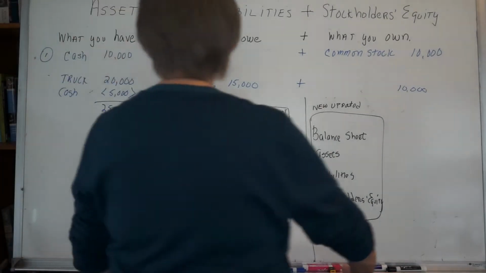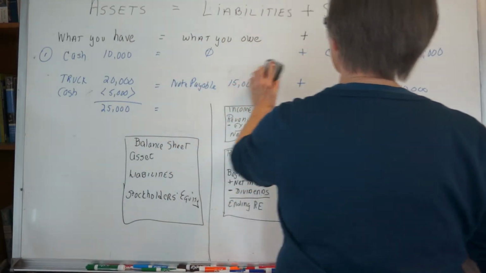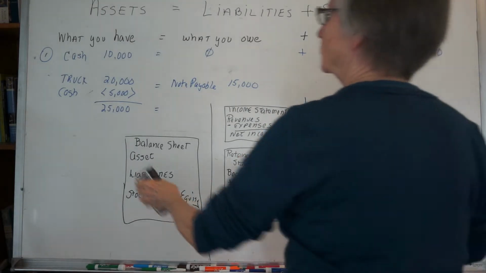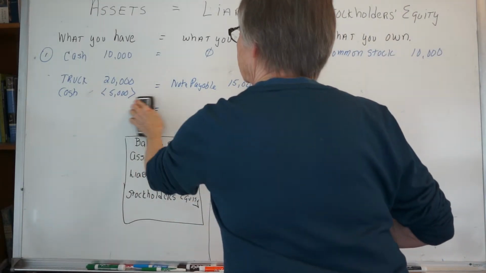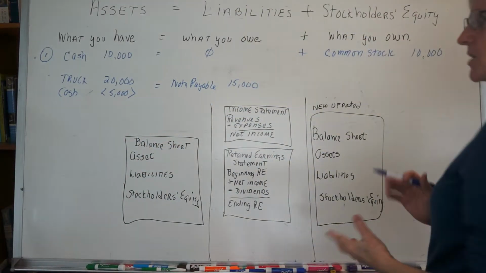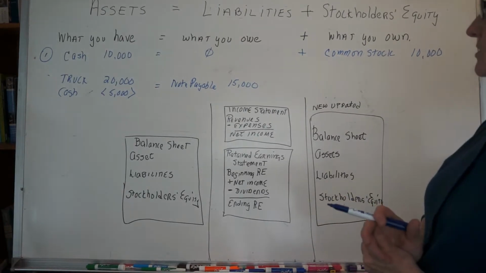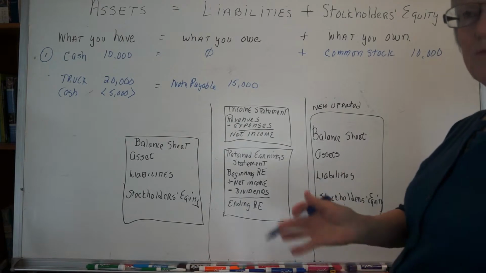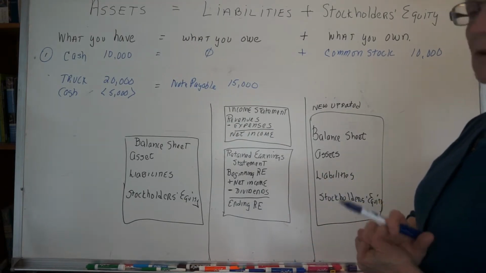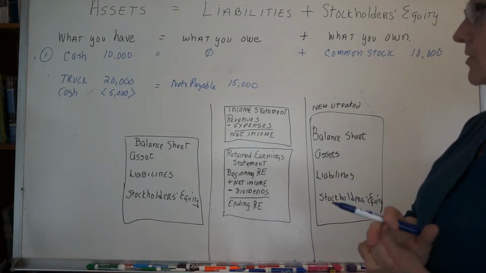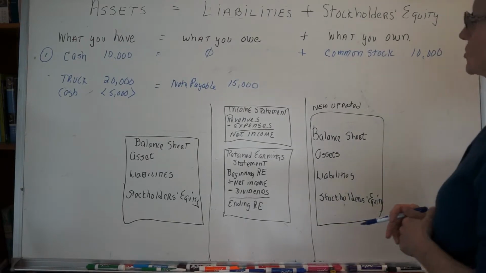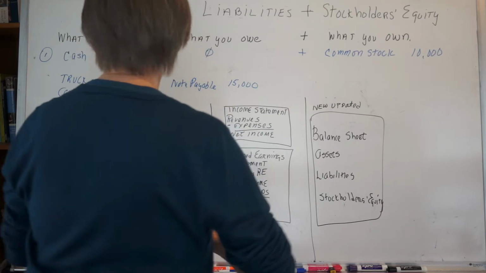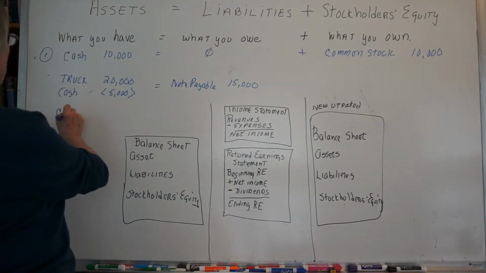Now what we are going to do, I'm just going to leave this here, is start driving the truck around and generating some income. So let's say we go drive this truck around, and we go out and we do some work, and we earn $1,000 in revenue. So when we do that, and I'm just going to say we got paid cash, maybe we've got cash that came in of 1,000, right?